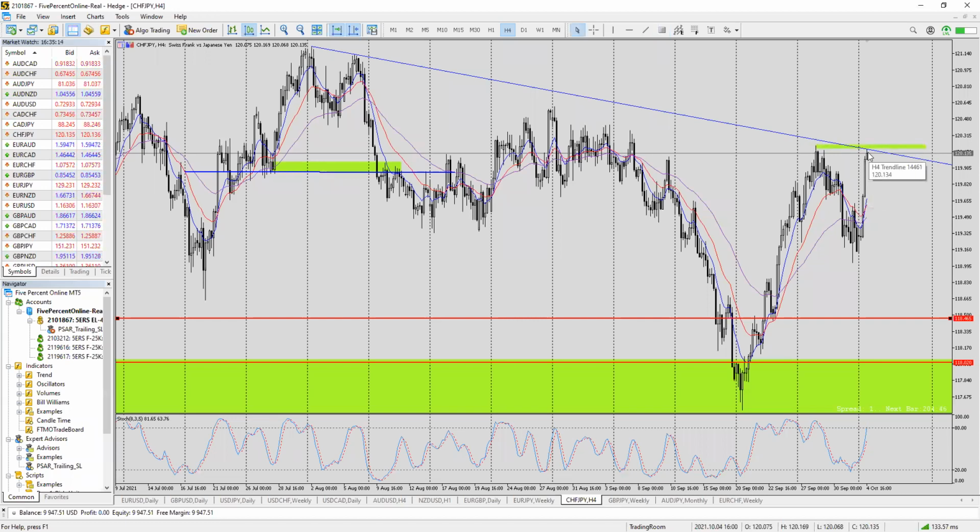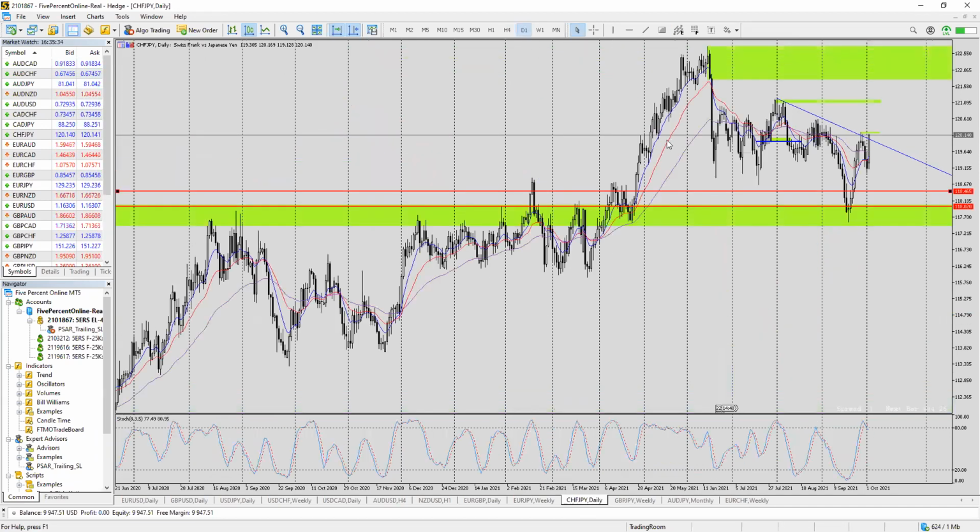If it breaks out above this trend line, above this supply, obviously it can find a few more resistance lines around these zones. But the best target for the short term is towards 121, and on the long term, even all the way up to this supply.